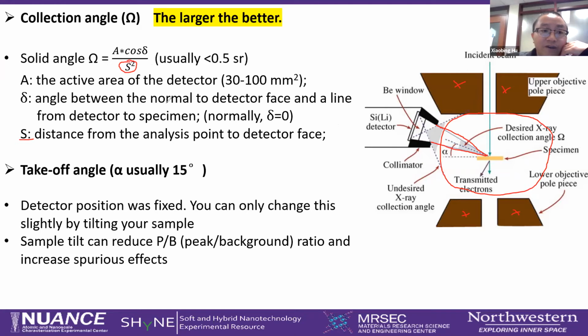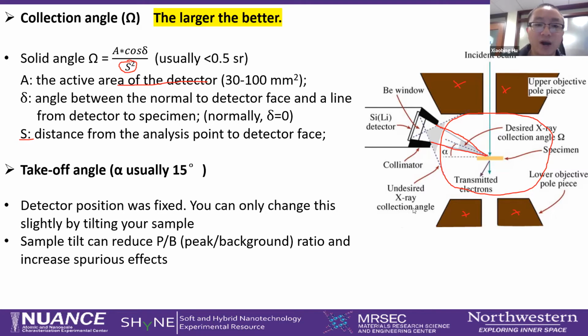So for our TEM, if you want to increase the collection angle, and the pole gap is fixed, the only thing you can do is increase the area of the detector. For older generation TEM, when you do the EDS map, it is very slow and takes a very long time, because the solid angle is very small.